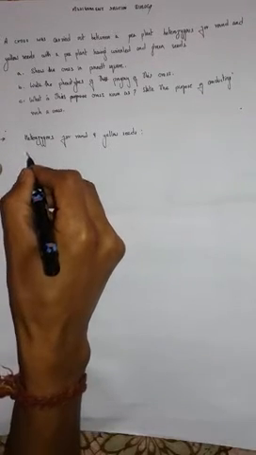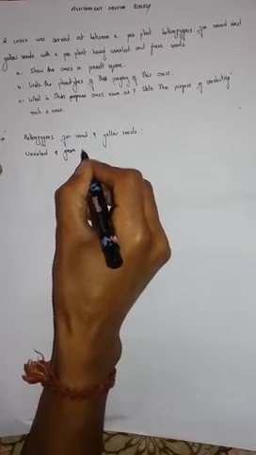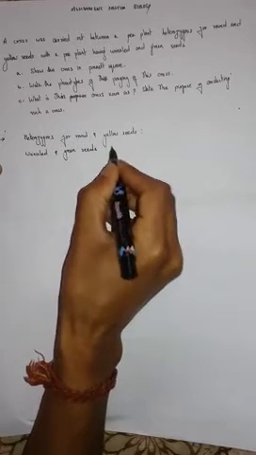So the first parent is heterozygous for round and yellow seeds, and the second parent that we have taken is wrinkled and green seeds. Here the round and yellow seeds are the dominant characters and the wrinkled and green seeds are the recessive characters, but the round and yellow seeds are heterozygous.